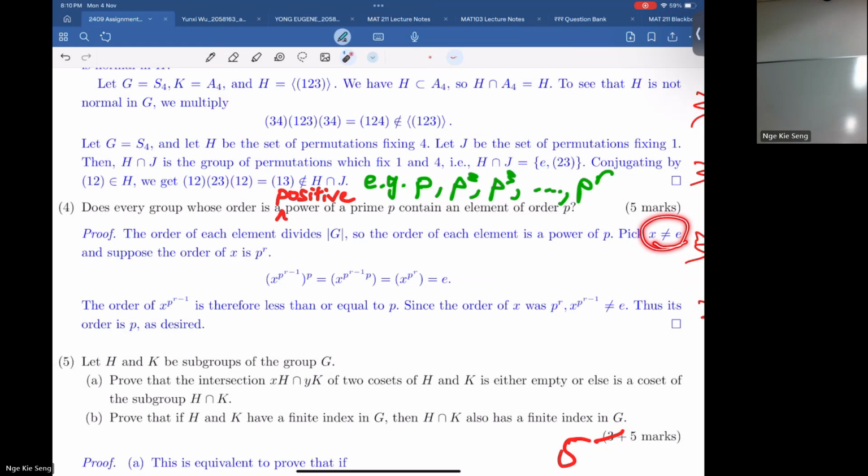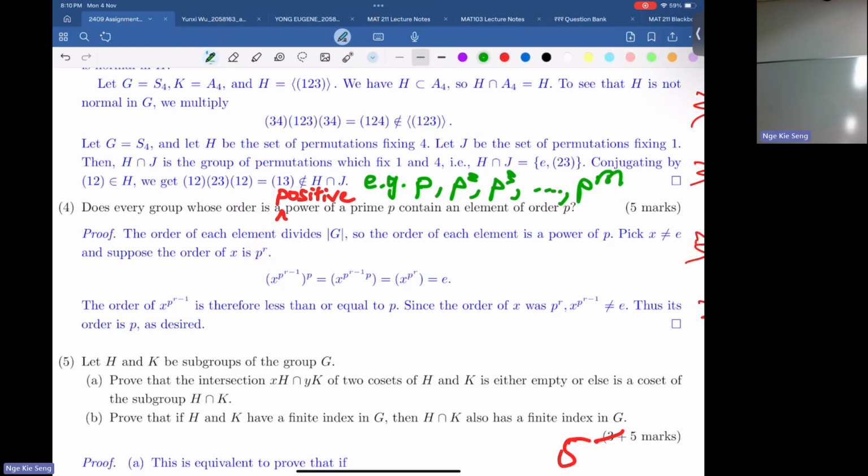Okay. If you have this element x not equal to identity, meaning what? The order of this x must divide p to the r. Okay, must divide p to the r. And then what's this r here? Okay, maybe not confusing you.